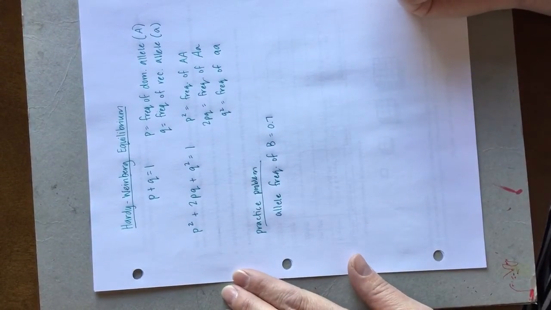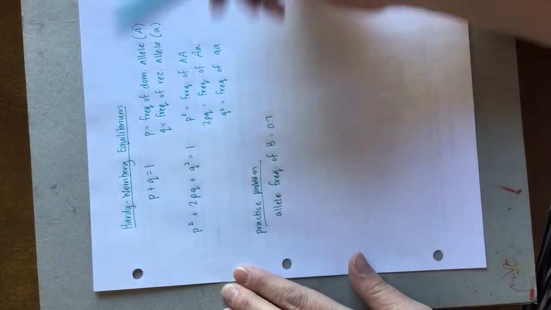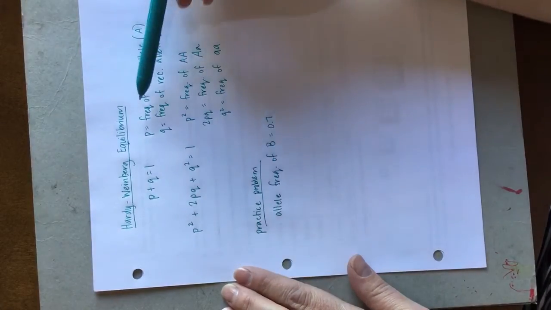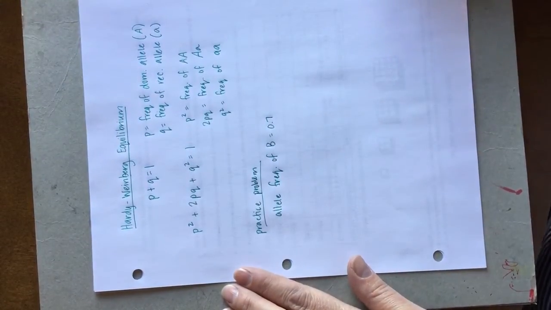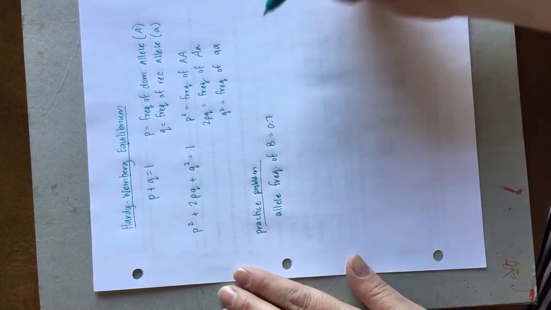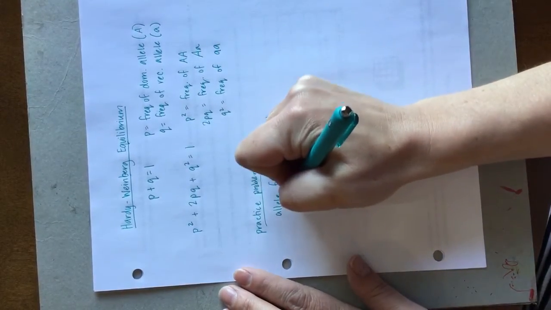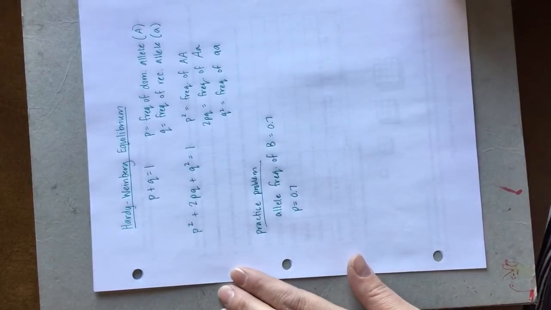That's given in the problem. So up here, that's going to be our p value. Okay, so this is p. p equals 0.7. So we know that.